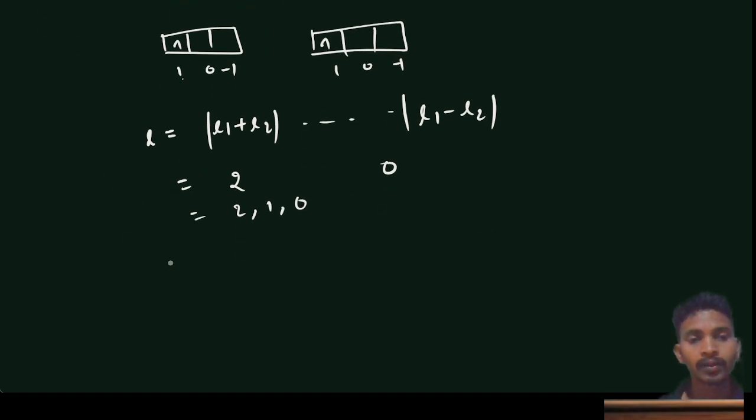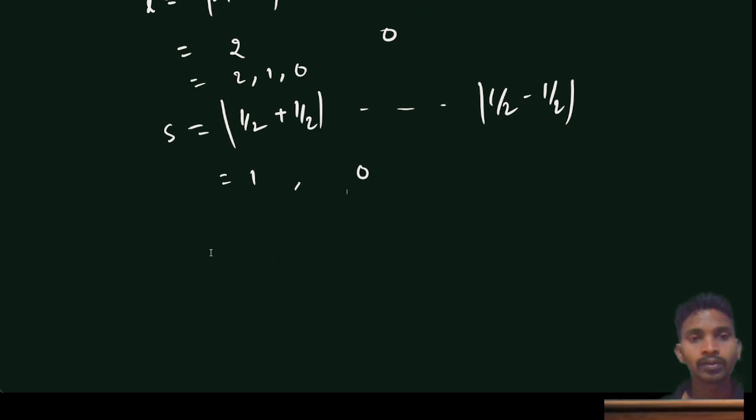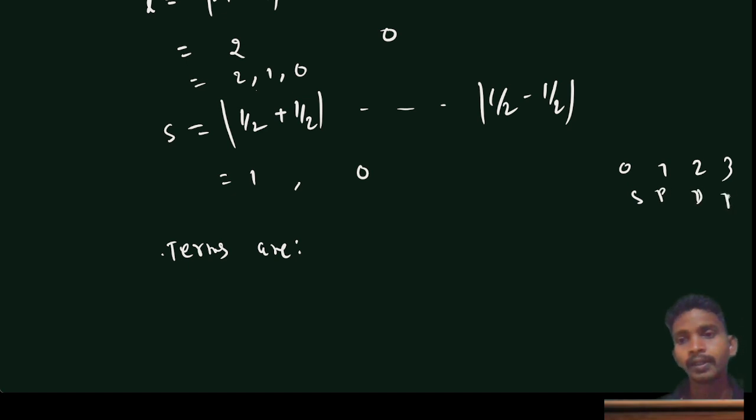And the S values, as we discussed in the previous class, are half plus half and half minus half, so this will be 1 and this will be 0. So the terms are 2, 1, 0, which means 0, 1, 2, 3, that is S, P, D and F.